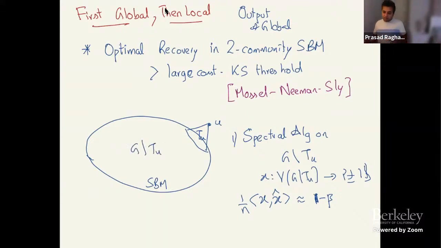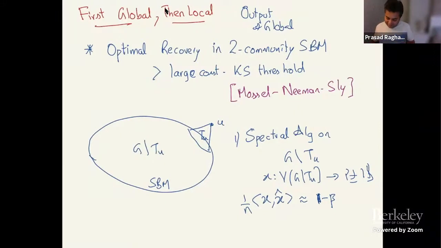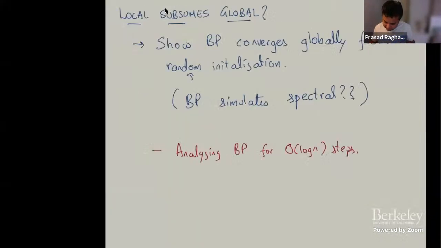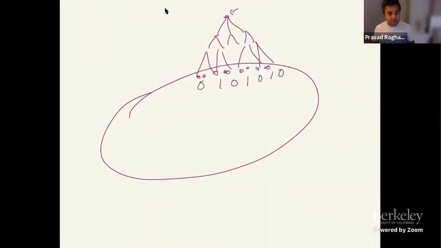It's random from the point of view of the spectral algorithm. So locally in this tree, the situation looks like the tree reconstruction we just saw, with all the leaves having some noise in them, the noise coming because your spectral algorithm is not perfect. So it looks like noisy tree reconstruction.